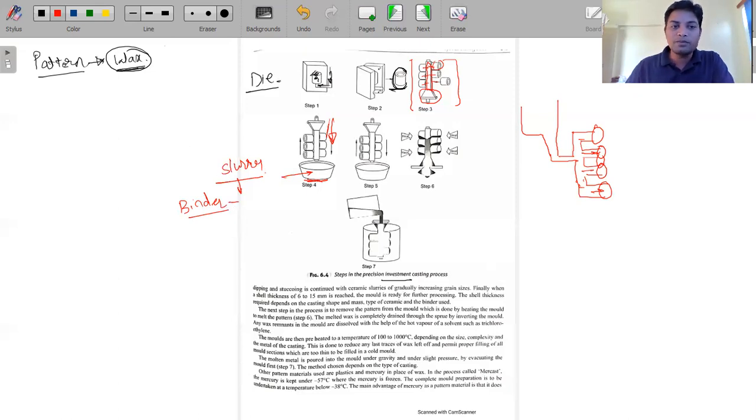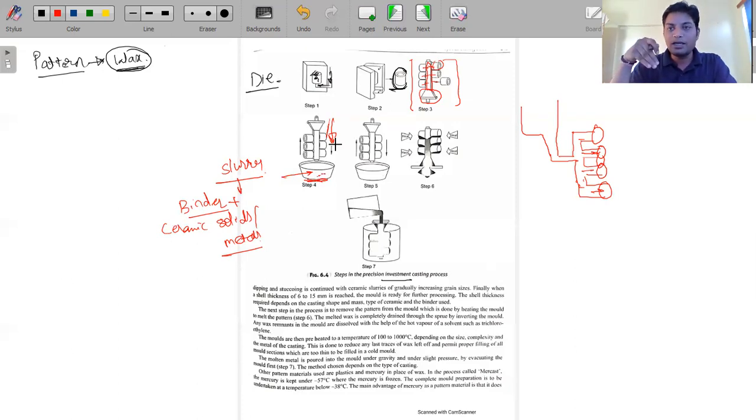So binders we are using, plus ceramic materials, ceramic solids, very small in size. We mix that with the binders, initially keep this slurry in this container, and we are dipping the assembly inside.